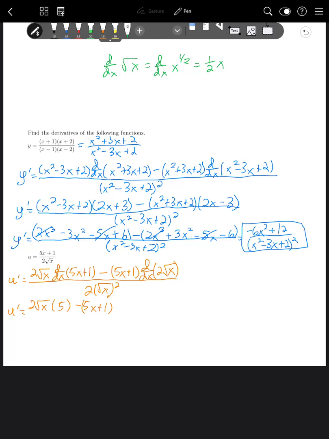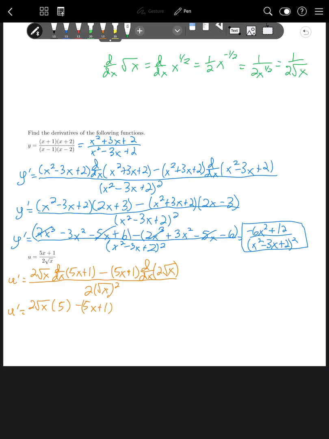Well, 1/2 minus 1 is negative 1/2. Okay, so we can leave it like that, or we could rewrite it as 1 over 2x to the 1/2, and x to the 1/2 power, as we saw earlier, is the square root of x. So the derivative of the square root of x is 1 over 2 times the square root of x.